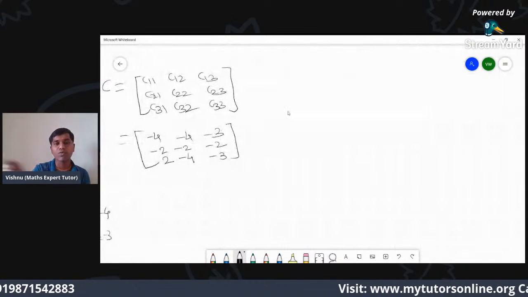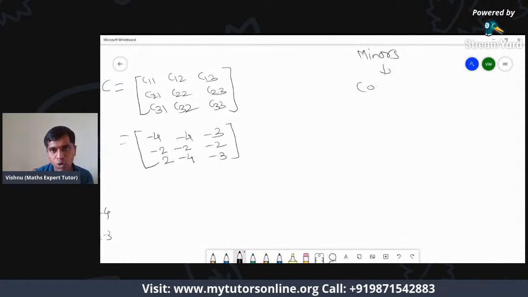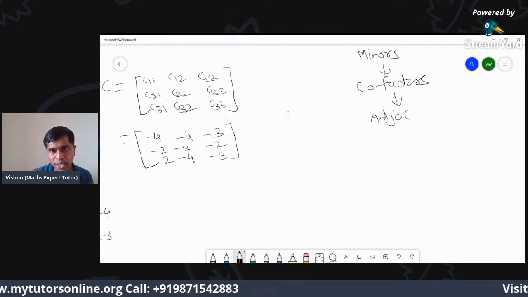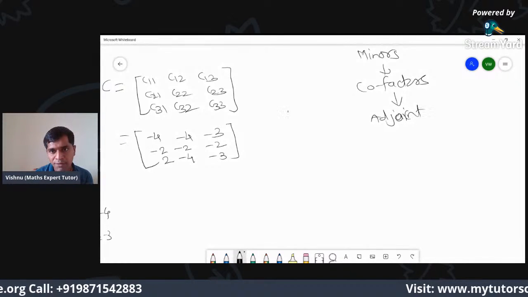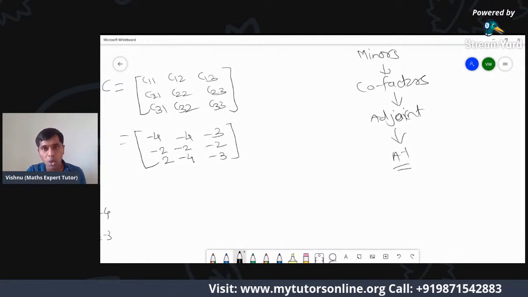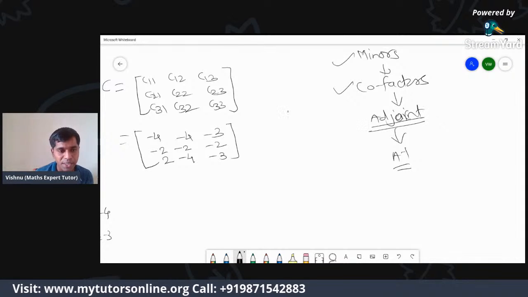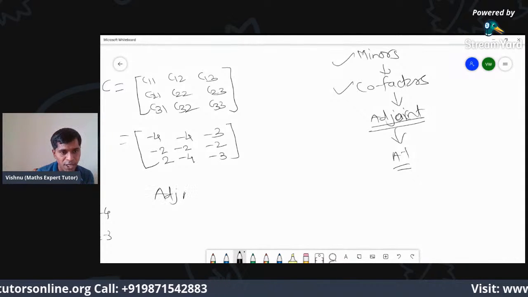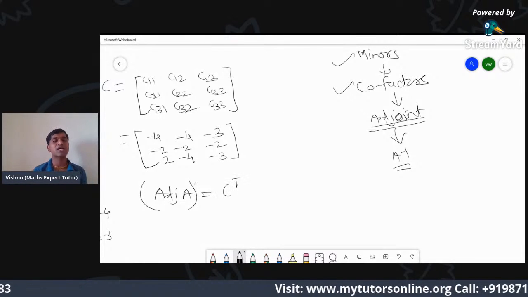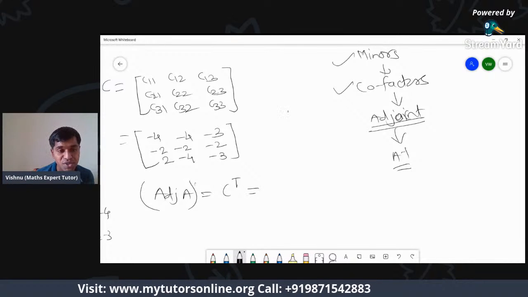Now what we do with cofactors, as I said, from minors you get cofactors, from cofactors you get adjoint, and from adjoint you get A inverse. Those are the stages I told. Minors are done, cofactors are done. What is adjoint? Adjoint of A is nothing but C transpose, the transpose of the matrix obtained by cofactors.